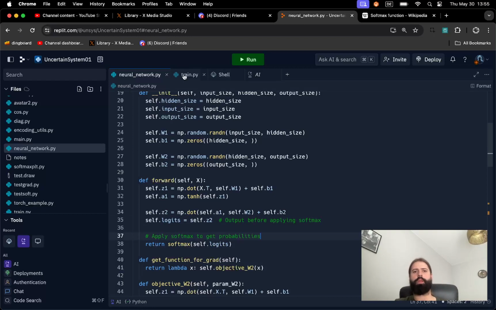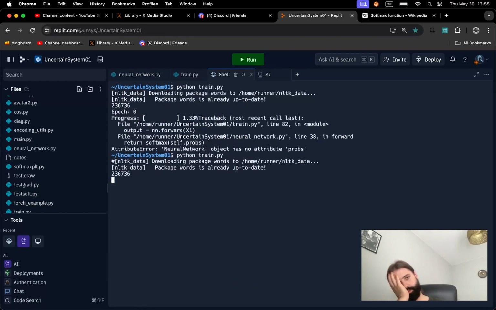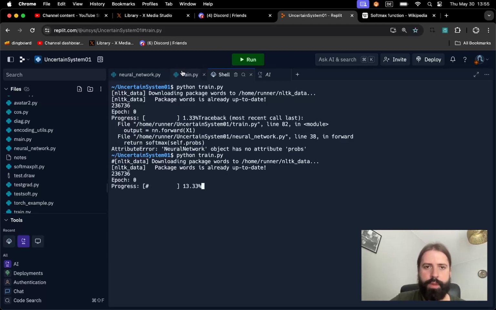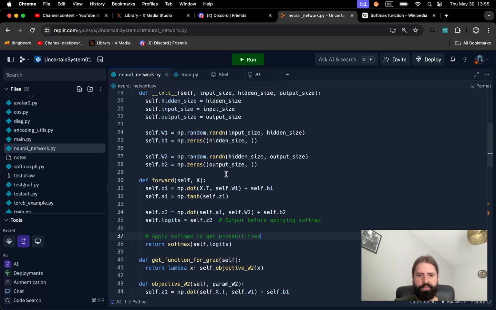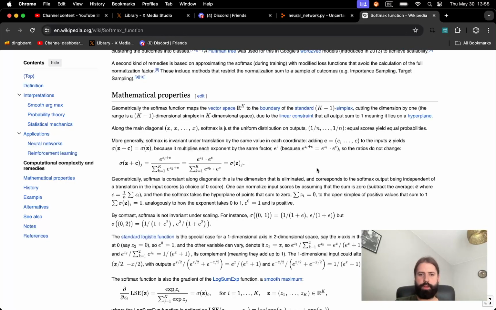Logits. So, okay, it's doing this thing, fine, but why is it not working? How does the derivative of the softmax function look, right?